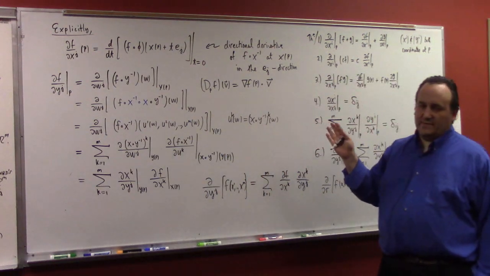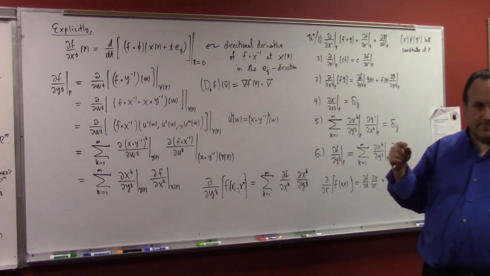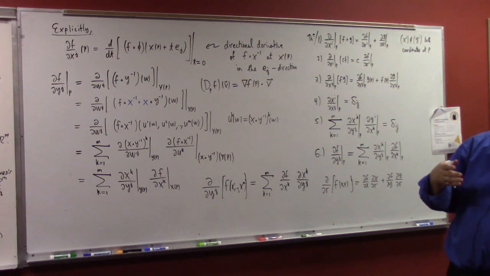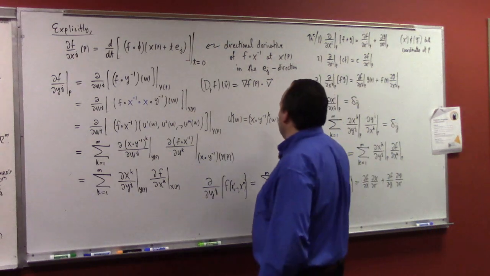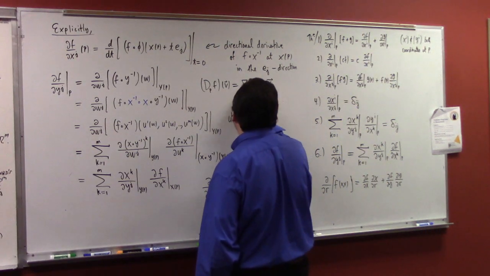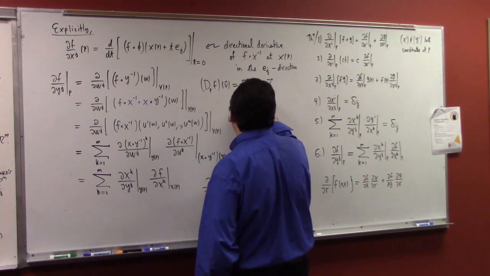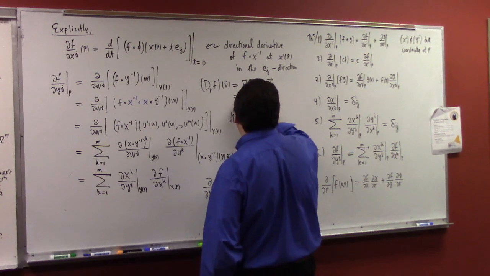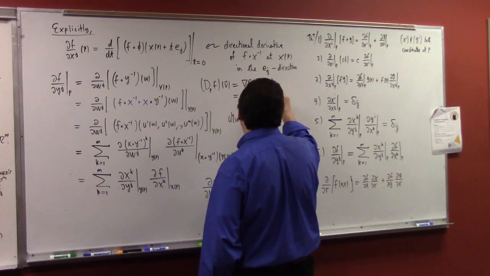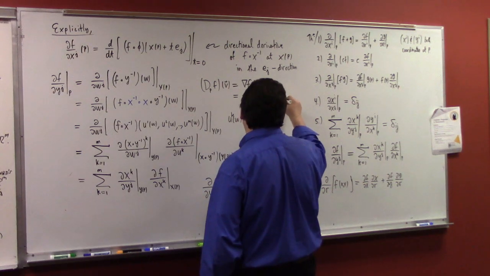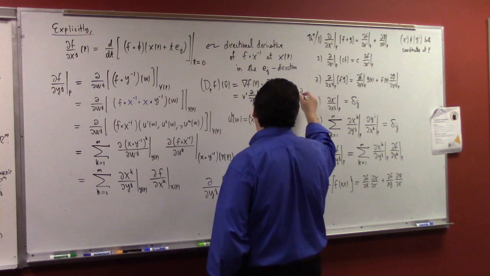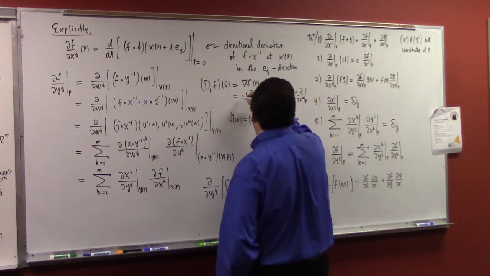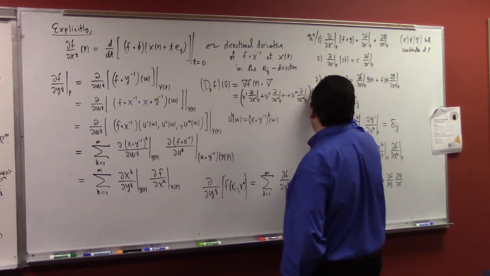Now in Calculus 3 we make the assumption that v is a unit vector, but we won't make that assumption here. The thing is, what we're really looking at is v1 partial x1 at the point P plus v2 partial x2 at the point P plus, and so on, plus vm partial xm at the point P. All of that acts on f.